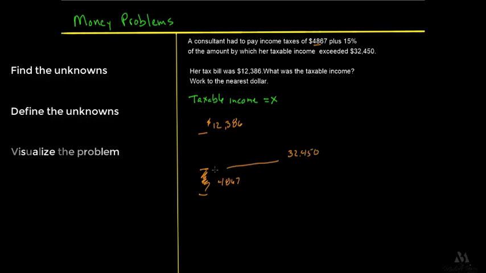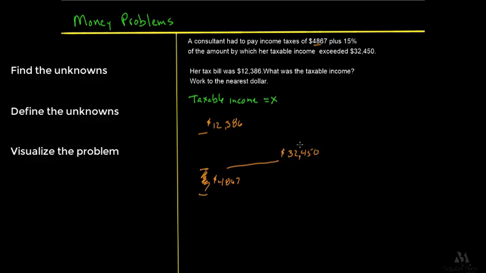So up to this place right here is just the base rate. Once we make over $32,450, we start paying 15%.